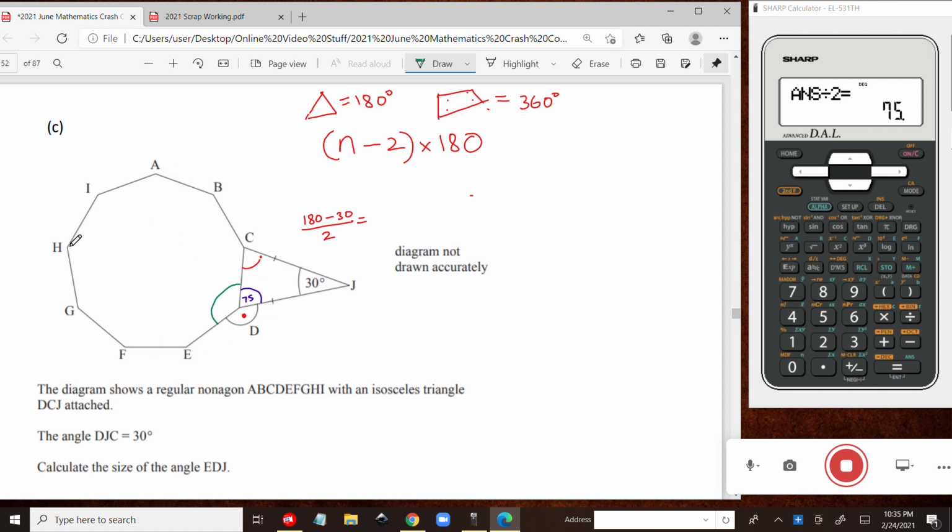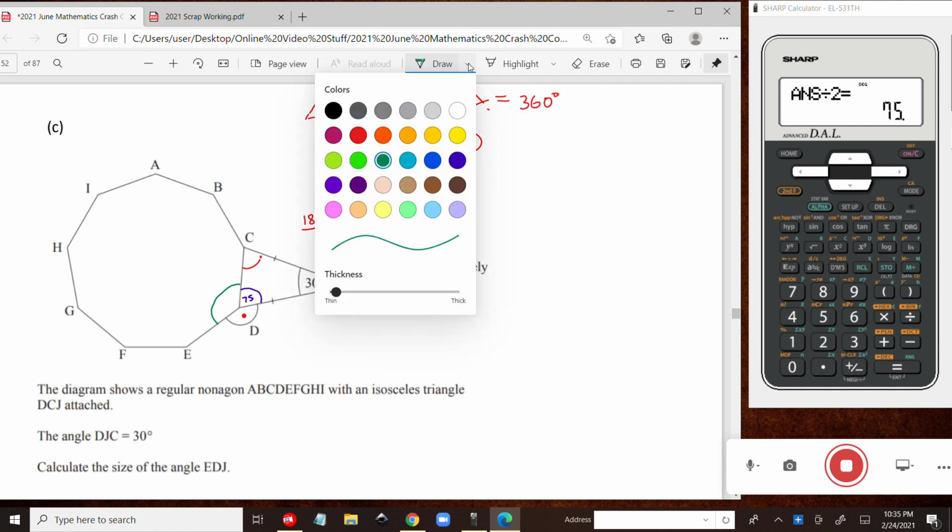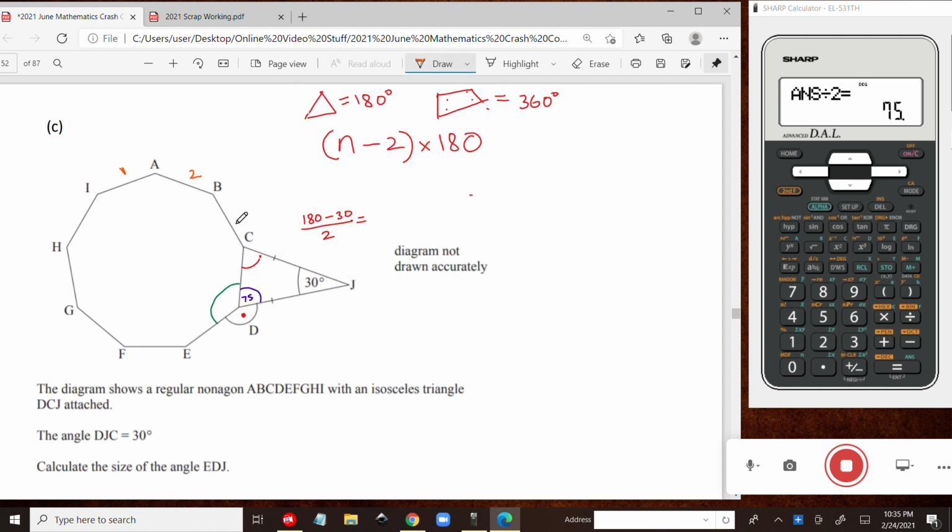Let's count how many sides this shape has first of all: 1, 2, 3, 4, 5, 6, 7, 8, 9. Now they said this is a regular nonagon, which means all the sides have the same length, which means all the angles inside have the same value, all of them.